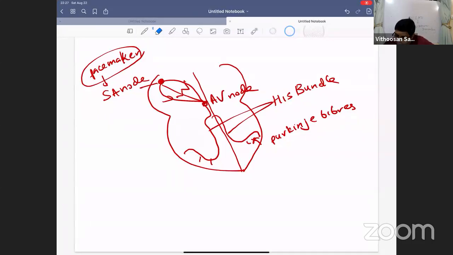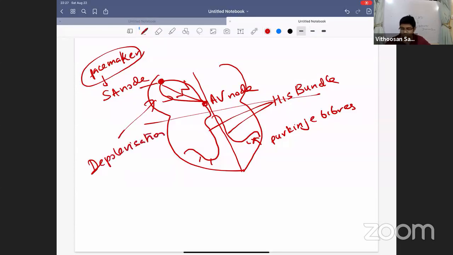So when the current is going from the SA node to the AV node, that is what you call the depolarization of the atria.